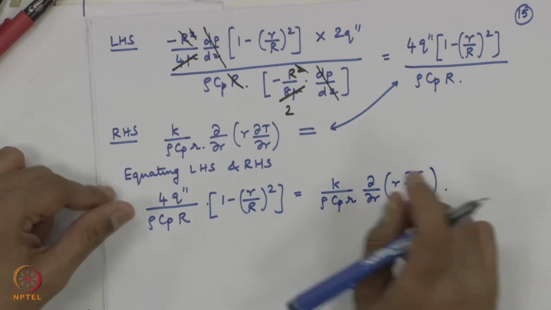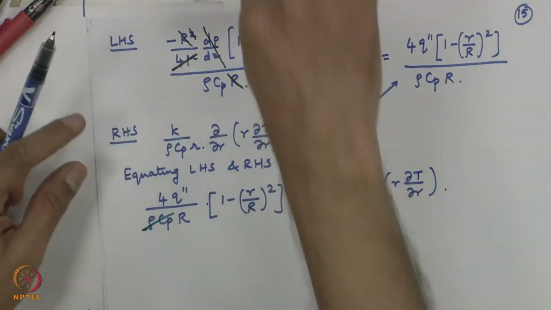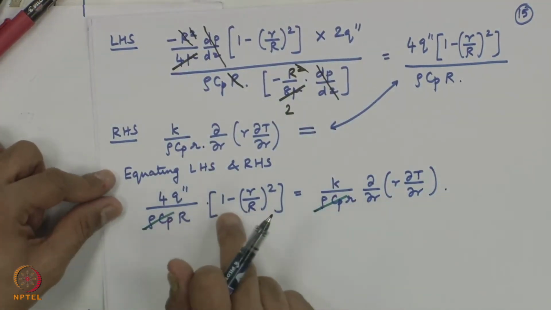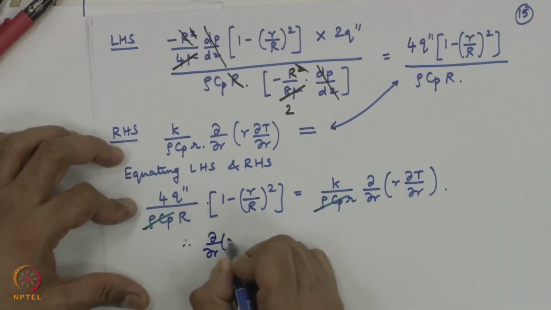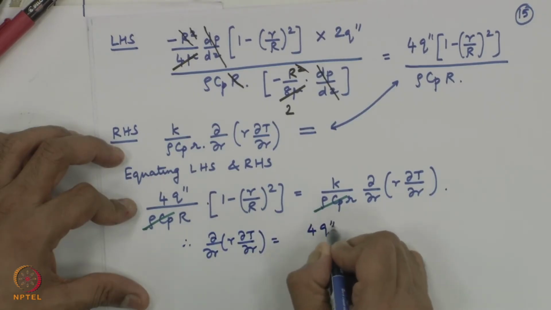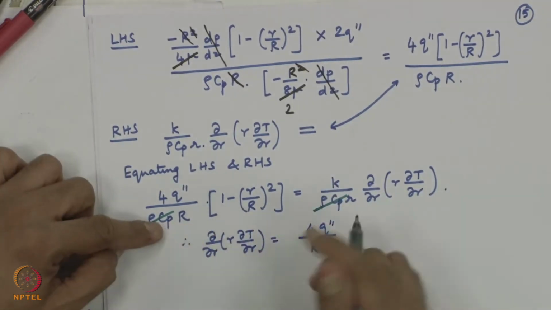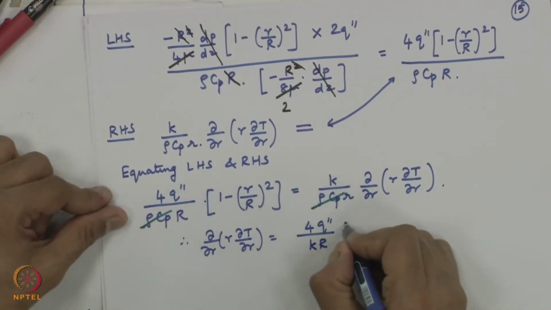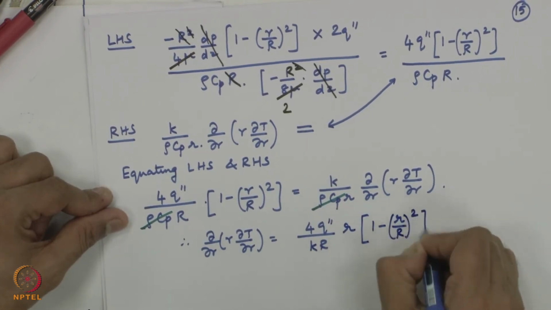What cancels out is the following: rho Cp cancels, and 4 q double prime, r into 1 minus r squared. So, I get d/dr of r dT/dr is equal to 4 q double prime by k capital R. K comes down, capital R remains as it is, and you have one r which is lying here, so that goes here, 1 minus r by R whole square.